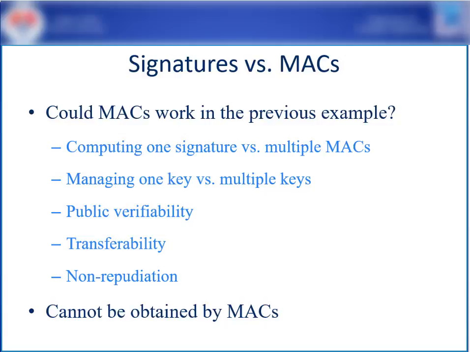However, if we use message authentication codes, we cannot guarantee non-repudiation, transferability, and managing keys with this type of algorithm. However, message authentication codes work faster than digital signature algorithms.